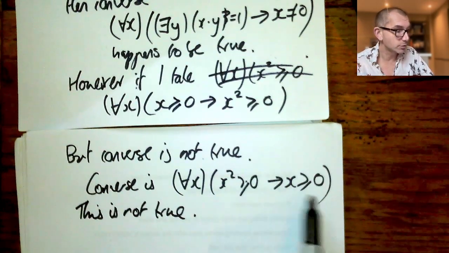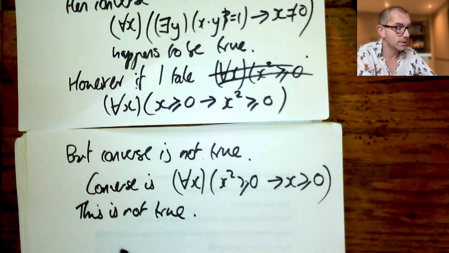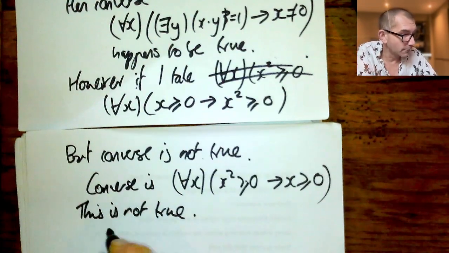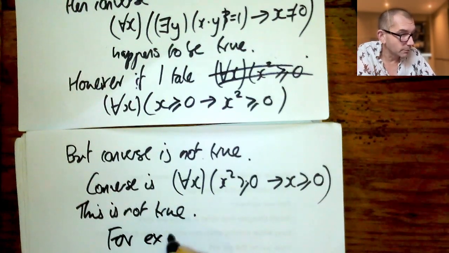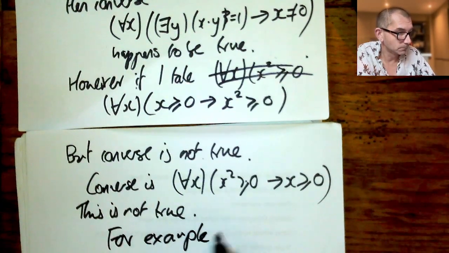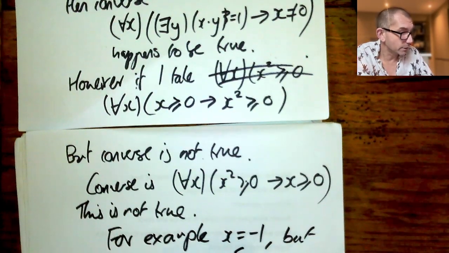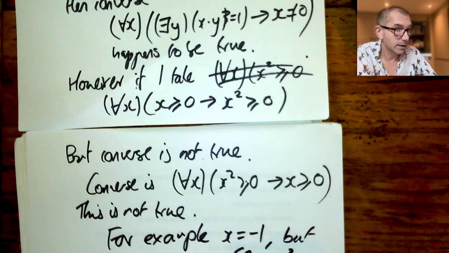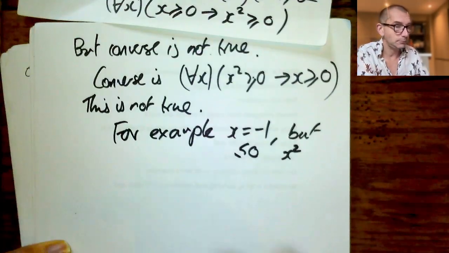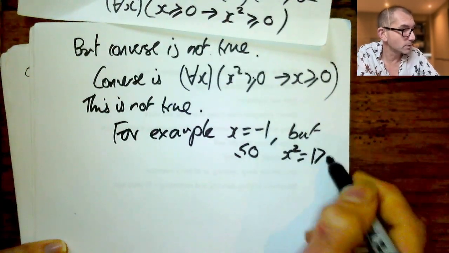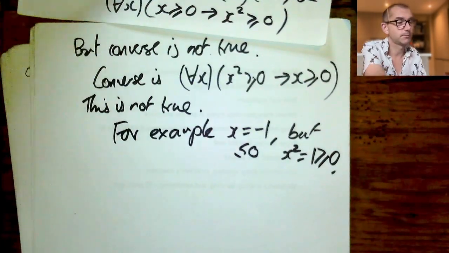Well, this is always true, so if I just take a negative number, so for example, x equals minus 1, this is less than 0, but x squared equals 1 is bigger than or equal to 0.